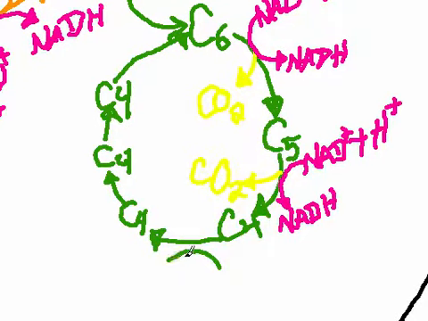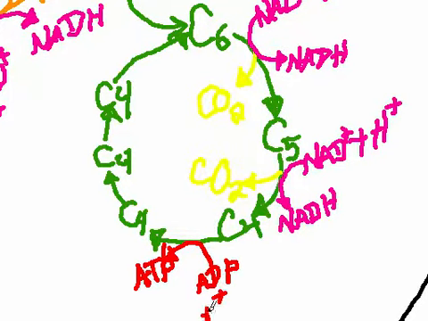First, we're going to see the formation of an ATP coupling to that C4, changing to a C4. It's picking up some energy to bond the phosphate to an ADP. The second reaction is going to couple to the formation of an FADH2, also an electron carrier.